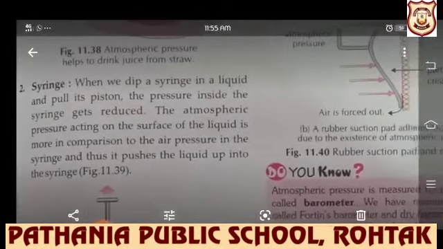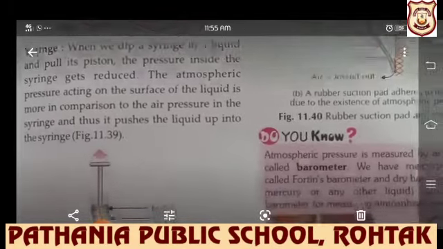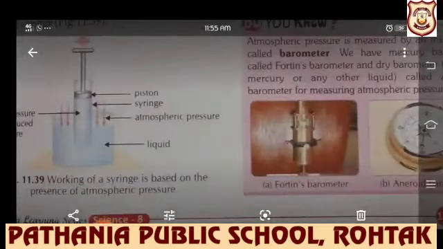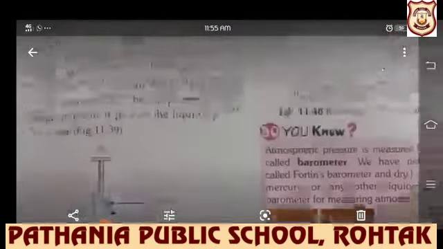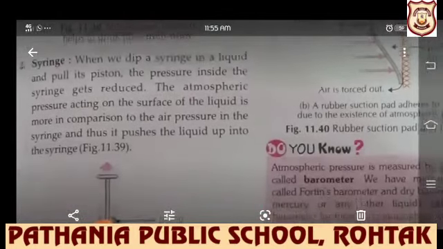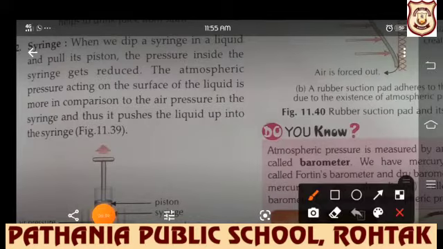Now moving on to the next, this is the syringe. This is another important application of atmospheric pressure. Whenever we fill an injection, any syringe we have, when we dip it in a liquid and pull its piston, the pressure inside the syringe is reduced.